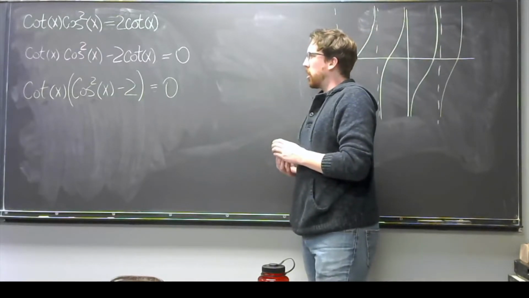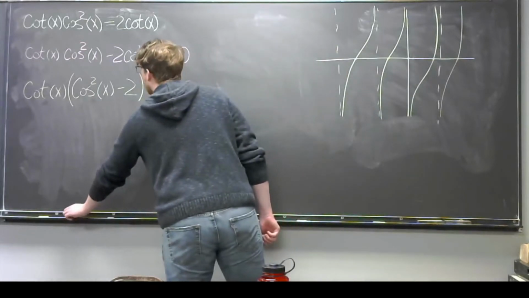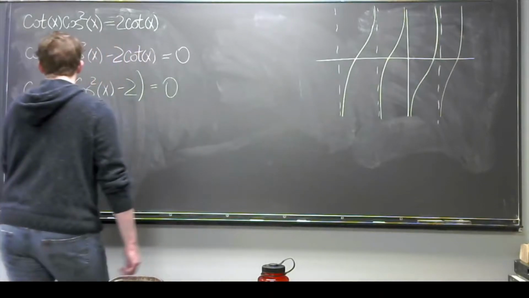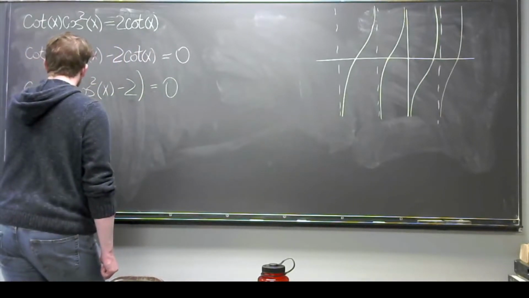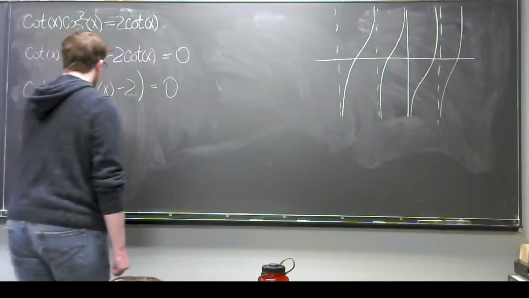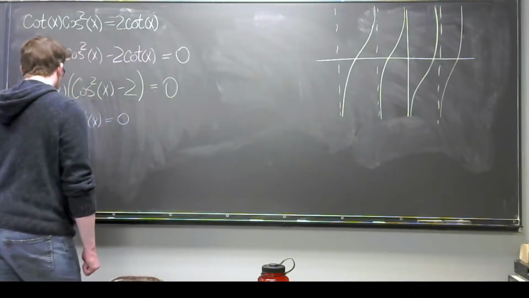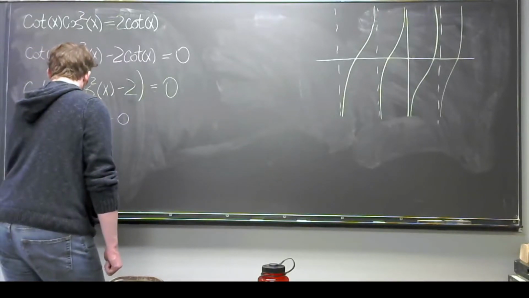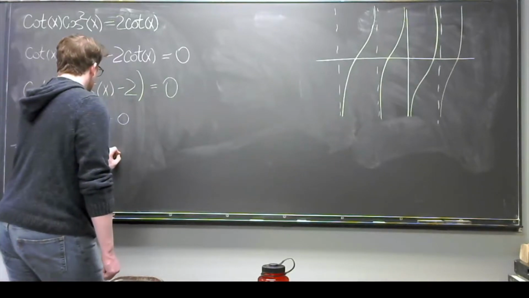All right, so we now have two problems to solve then. We need to solve both: cotangent of x is equal to 0, or cosine squared of x minus 2 is equal to 0.